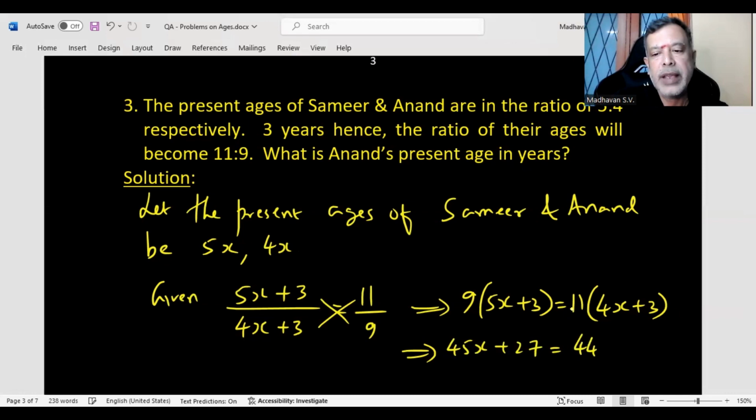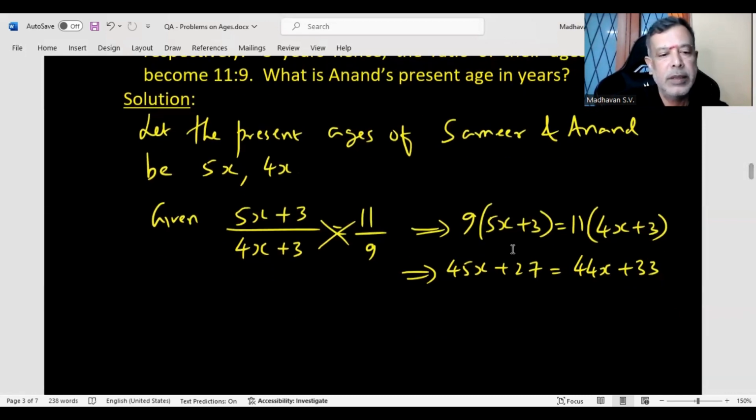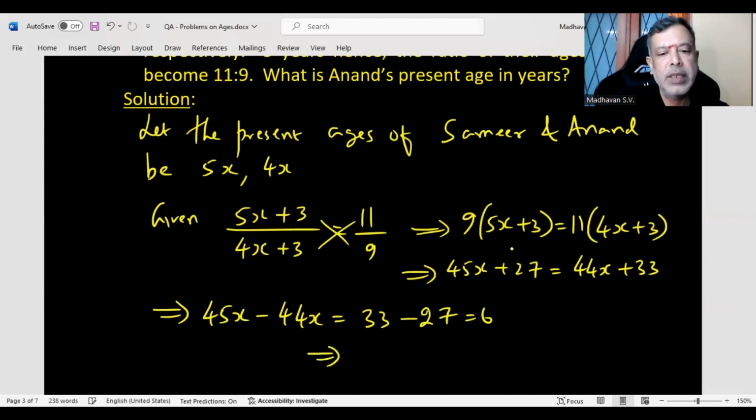This is 44x plus 33. Further, we can bring that 44x to the left-hand side. It will become 45x minus 44x. Take this 27 to the right-hand side. It becomes 6, which means x is 6.